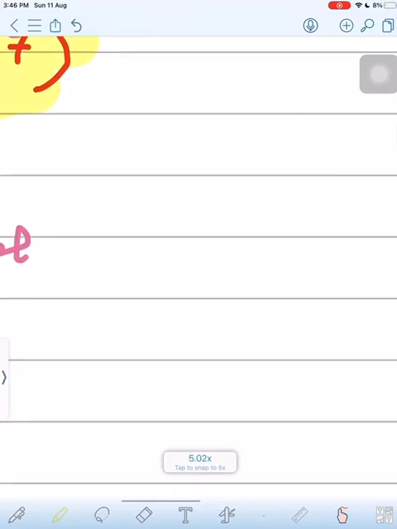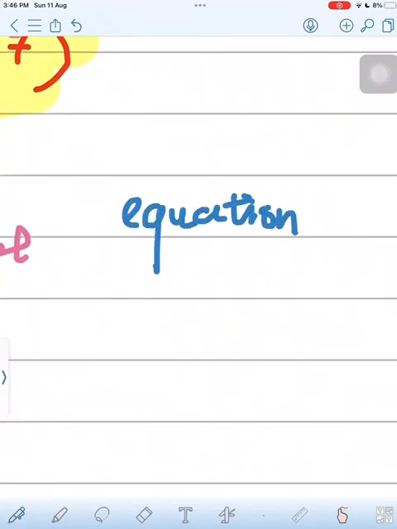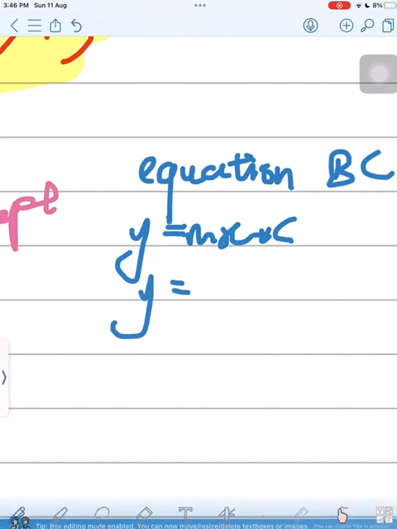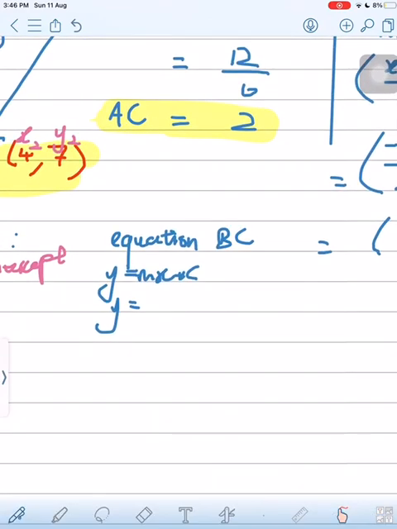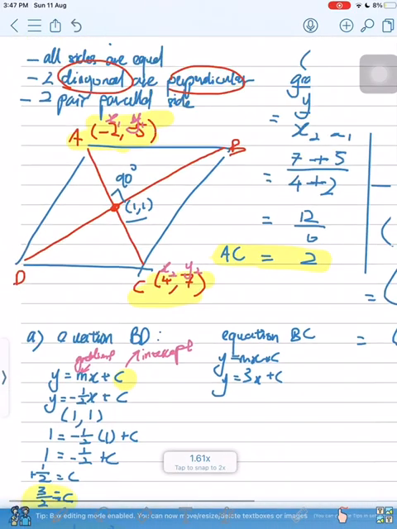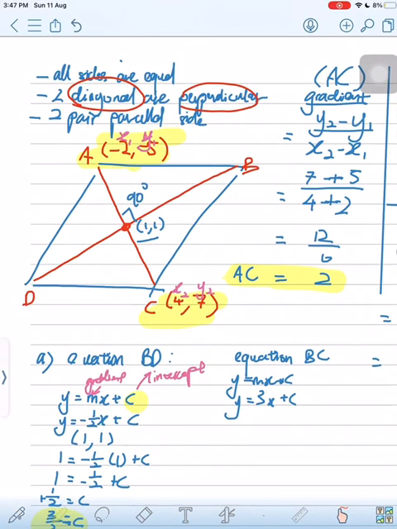Continuing, we'll be doing the equation for BC. Same formula, and substitute everything inside. So m will be 3, and put in the x again, plus c.